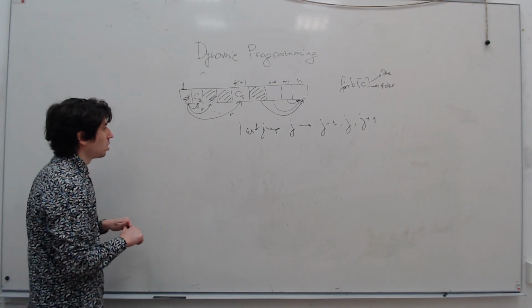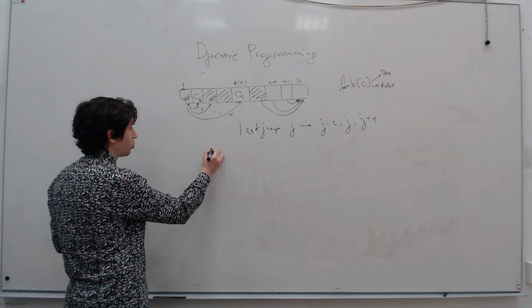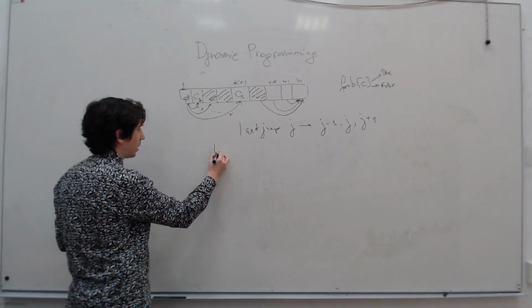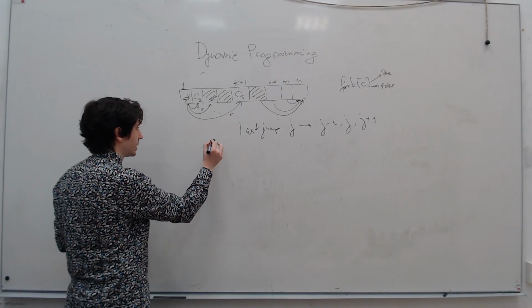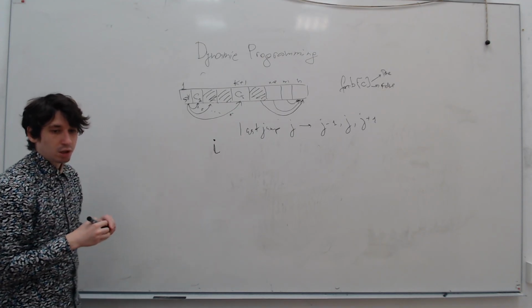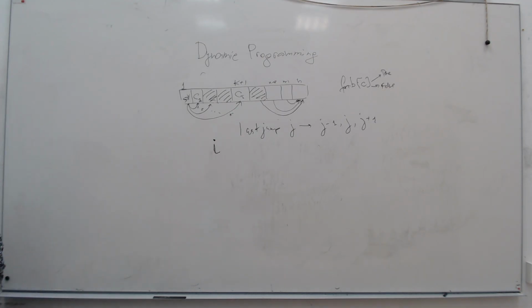Obviously, you should know the cell, so the cell itself is a state. But it's not enough because there is the last jump that should be maintained.